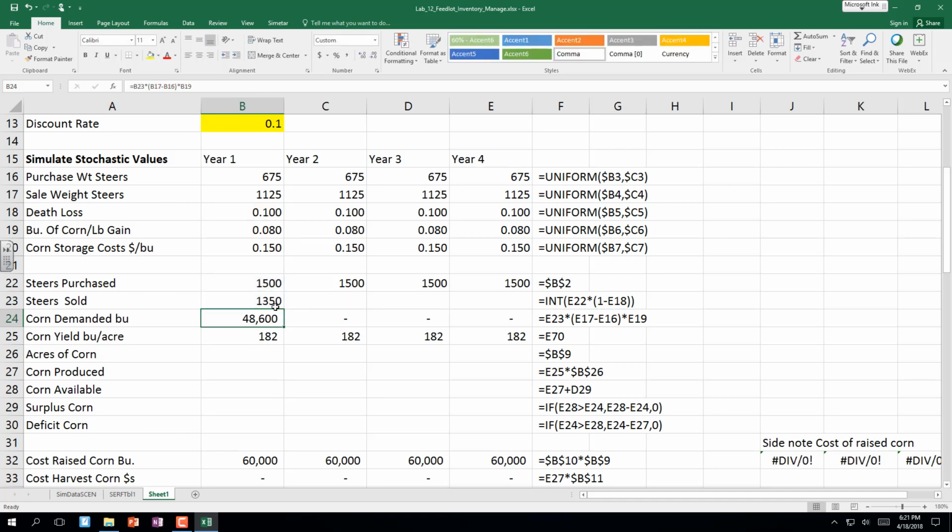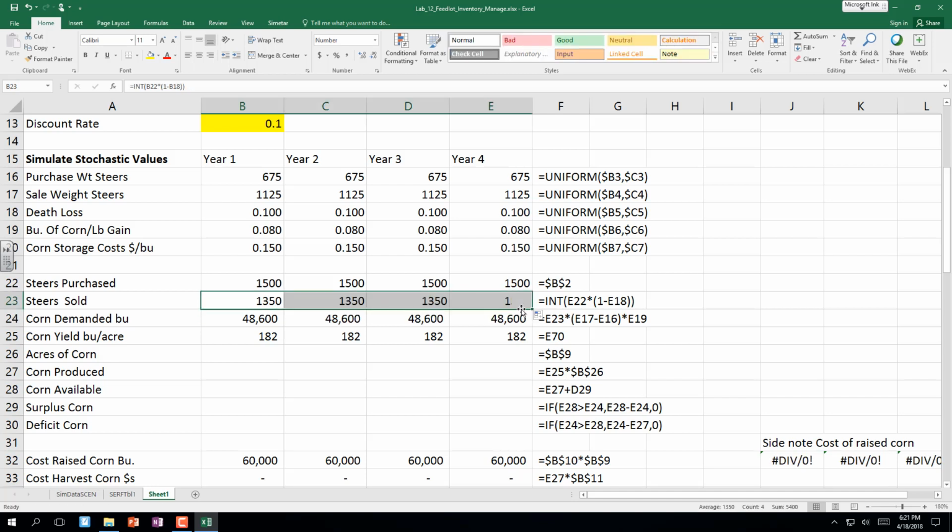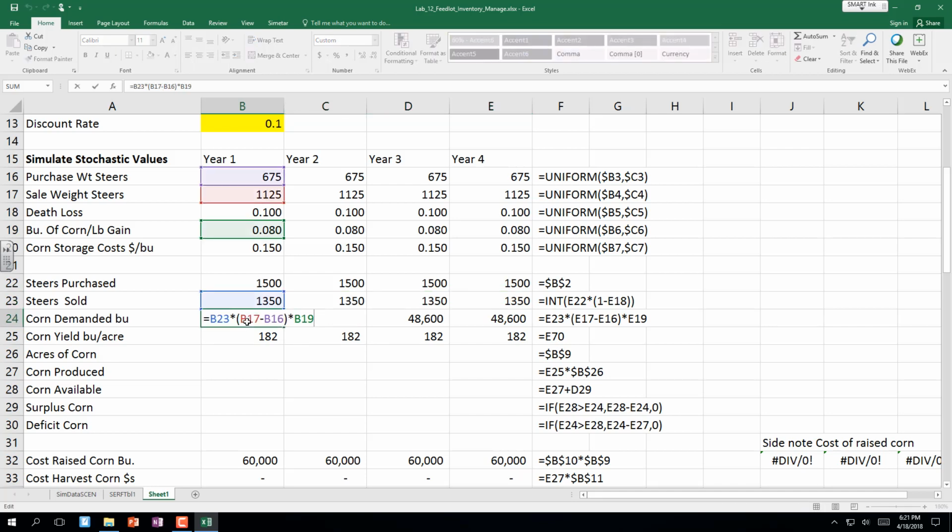Okay, so half cow doesn't count, so we're going to integerize those cows. And so I'm going to sell 1,350 right now in expected value. And I'm going to demand that much corn for those cows, okay? And let's just look at that formula I programmed in there. We started at 675 pounds. We sold it at 1,125. So that's how much gain we had.